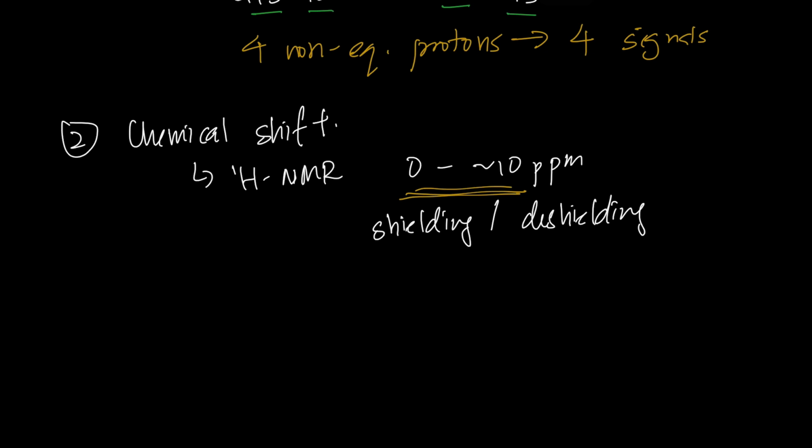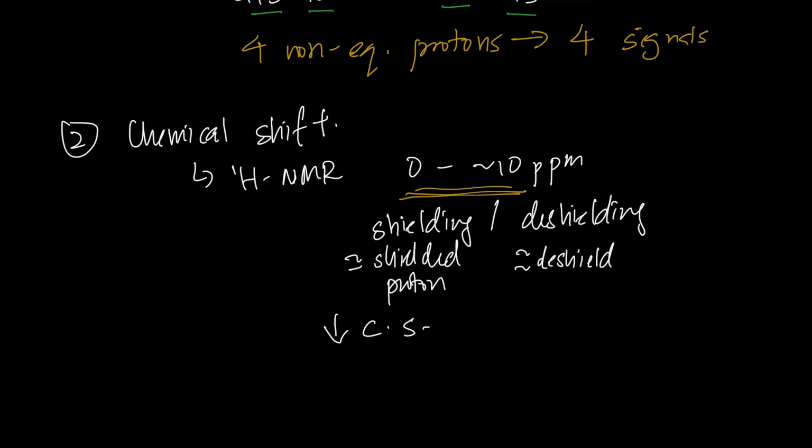So generally, the shielded proton will have a lower chemical shift value. For the de-shielding effect, the de-shielded proton will have a high chemical shift value, compared to the shielded proton.